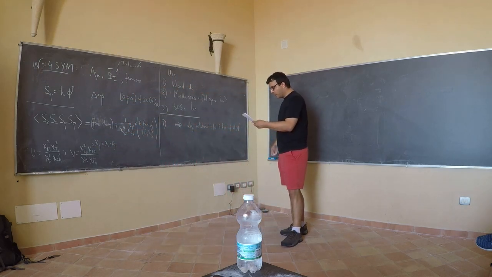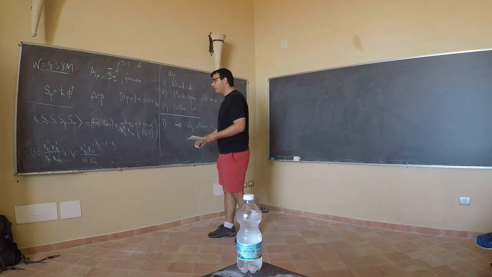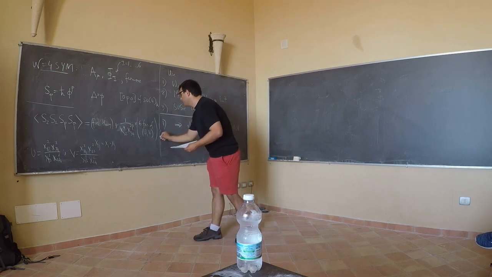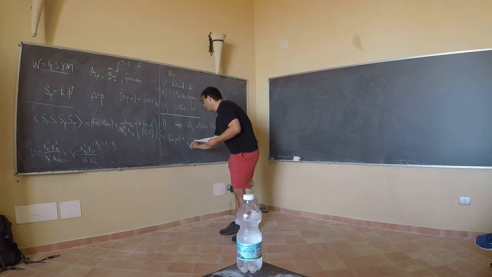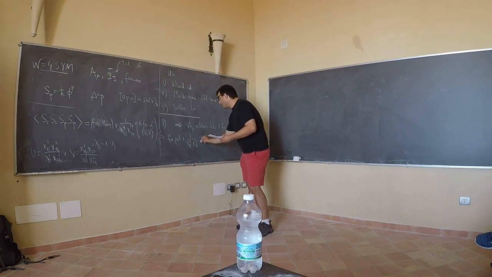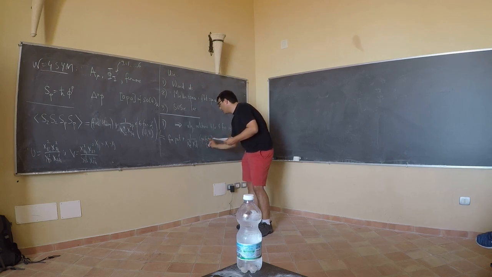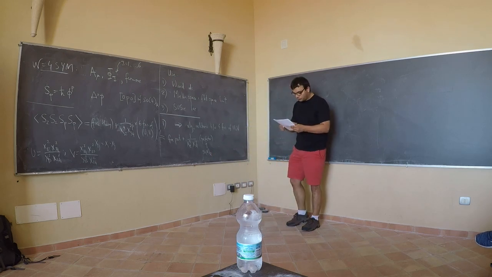That means that this correlation function over here can be written as some prefactor, plus 1 over x1 to the 4, x3 to the 4, to the 2p. That's some prefactor that carries all the SO(6) R-symmetry indices.